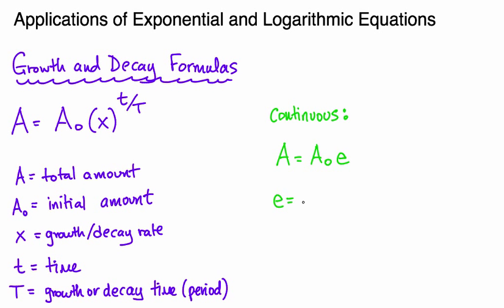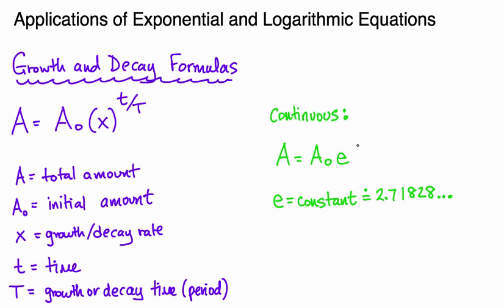And E is a constant, kind of like pi. It's a transcendental number, and it's approximately equal to 2.71828, but it goes on forever. And it is on your calculator. It is a small e right below the pi symbol on the TI-83, TI-84. So see if you can find that.